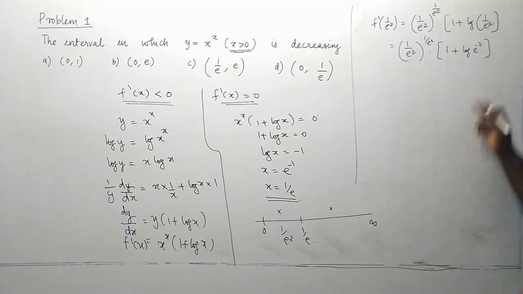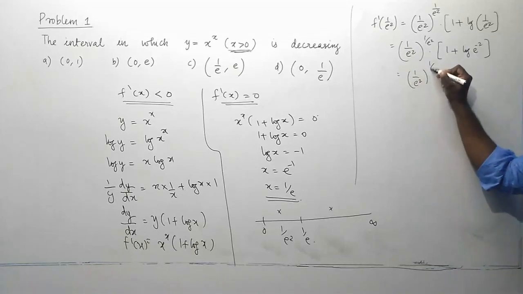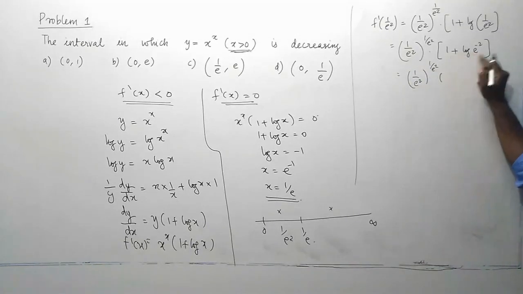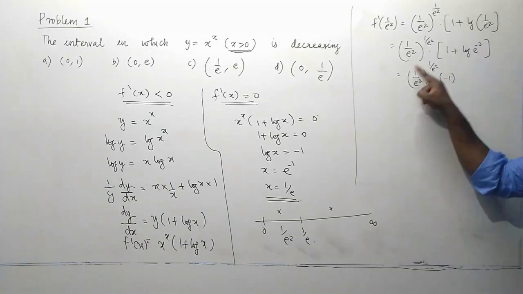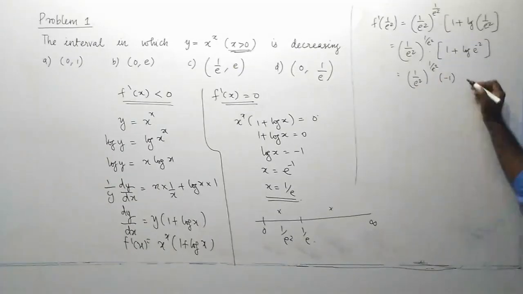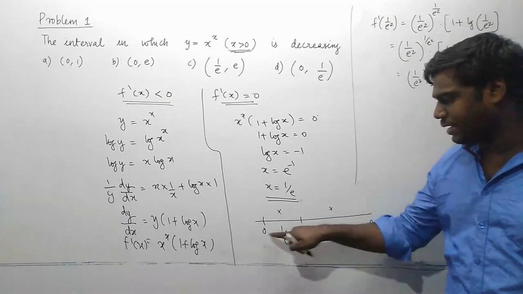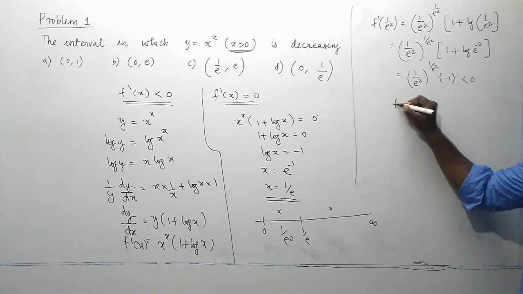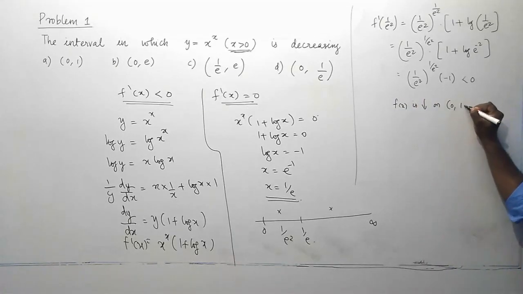Since log e is 1, it becomes minus 2. So 1 by e squared the whole raised to 1 by e squared into 1 minus 2, that is minus 1. Clearly this is a negative number. Since this part is positive, we can conclude that this is less than 0. This means the function is decreasing in the interval (0, 1 by e). So f of x is decreasing on (0, 1 by e).